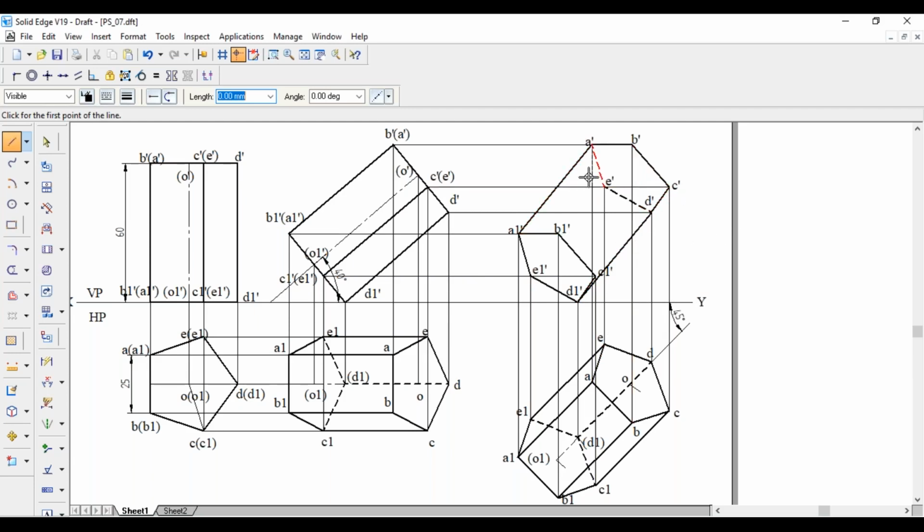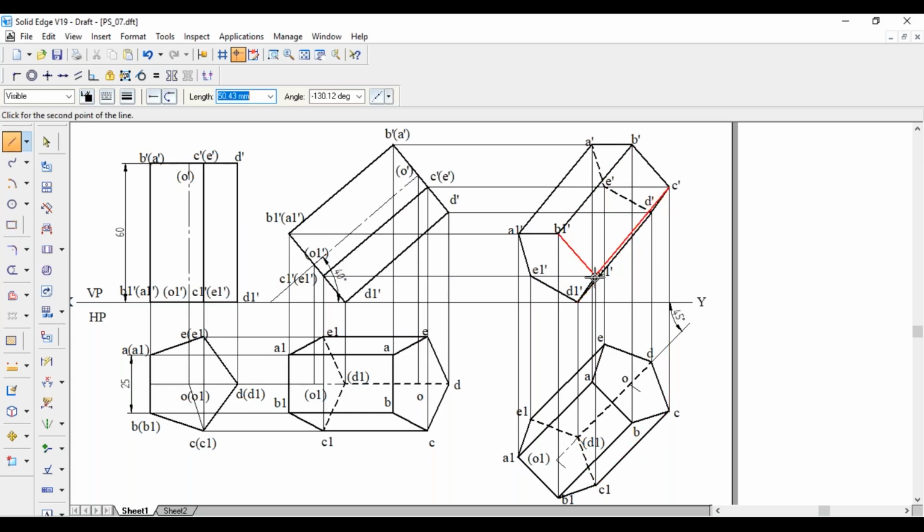We have joined already A dash A1 dash and D dash D1 dash. We are left with B dash B1 dash, C dash C1 dash and E dash E1 dash. Now B1 is this one, nearer to the observer, so visible. So B dash B1 dash is a continuous dark line. Next, C dash C1 dash, C1 is this one. If you see from this side, it is visible, that is also continuous dark.